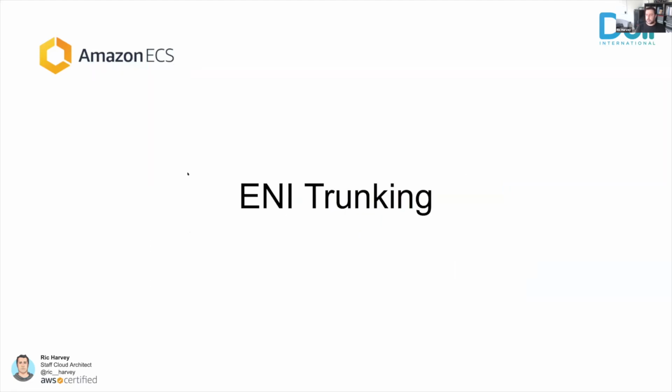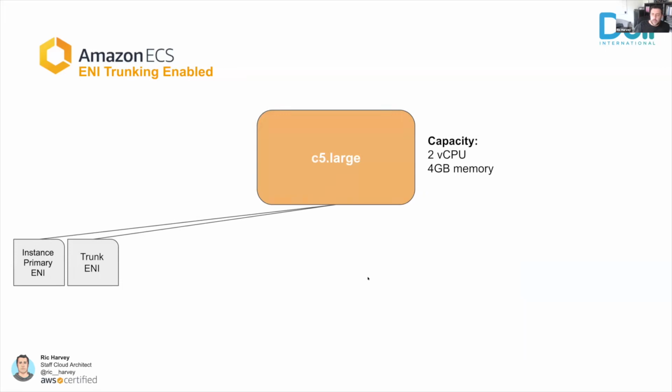So the way to get around this is something called ENI trunking, Elastic Network Interface trunking. If you're used to doing networking in the past and you've played around with Cisco interfaces and stuff like that, ENI trunking is basically a trunk or a span on your Cisco network. On here, let's look at our C5 large again, same capacity, but I'm using 2 network interfaces straight off the bat.